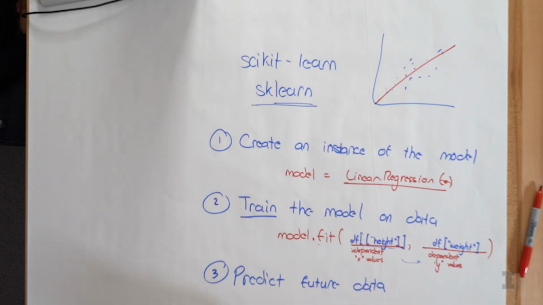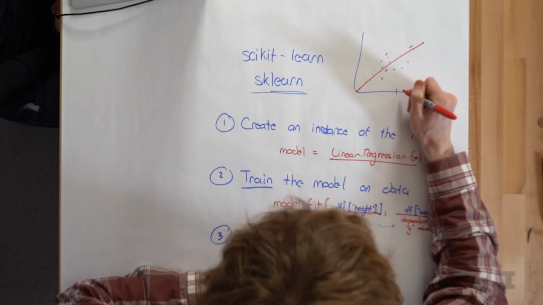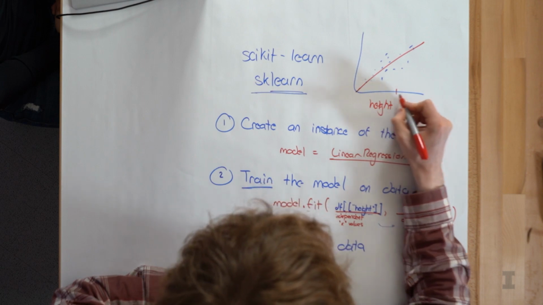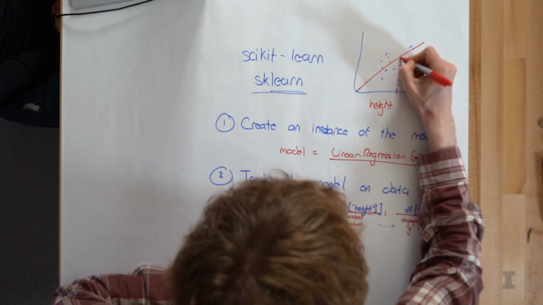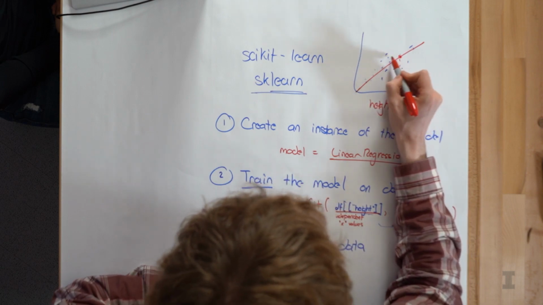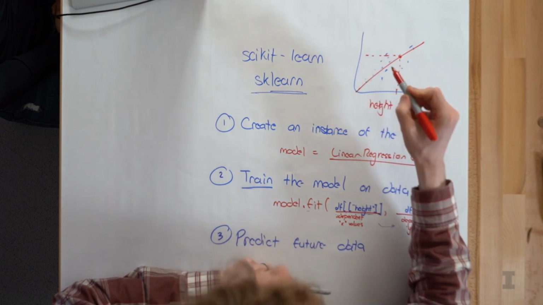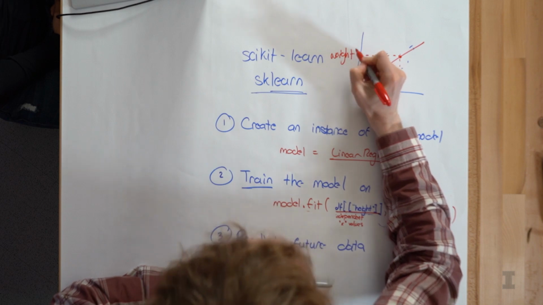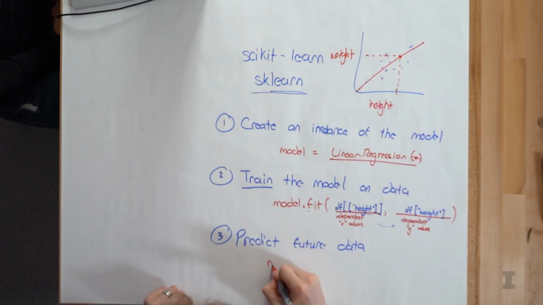And what that means is I can go ahead and now take data that it may have never seen before. So I now have a new person whose height is right here. And I can again go up to the line, and where the point meets the line, I can now use that to predict the weight. And to do that, I am going to use model.predict.